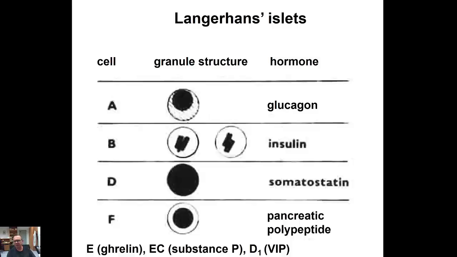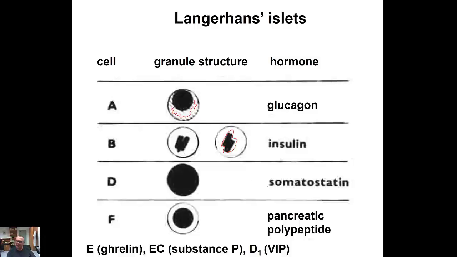Glucagon is situated in dense core granules, but their core is eccentric, and the remaining matrix of the granule is moderately electron dense. Insulin in B cells is situated in very dense crystalline structures within an electron-lucent matrix of the granule.